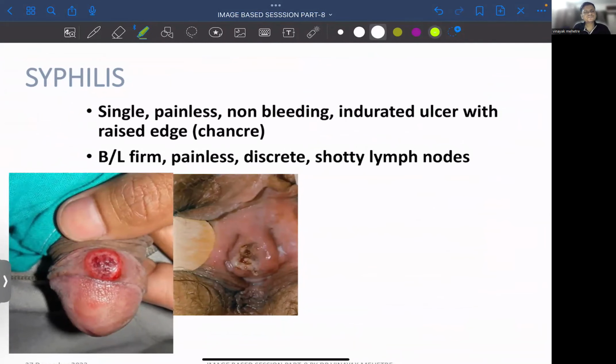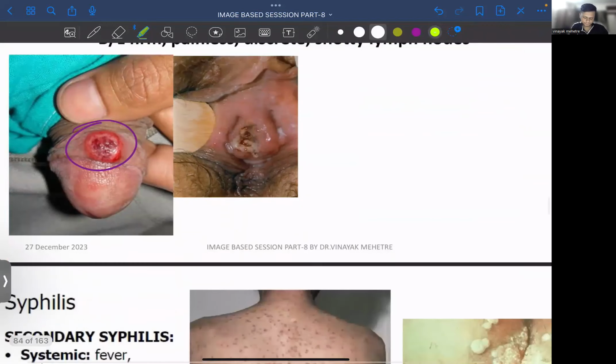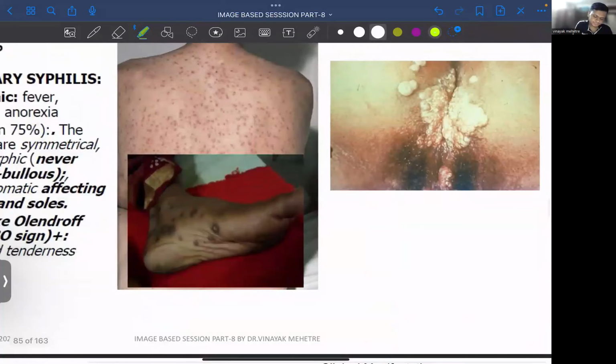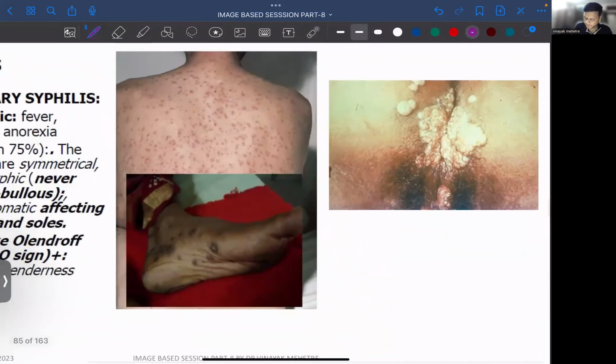What is this? Painless, right? ऊपर लिखा हुआ था painless. Chancre, a single lesion present on the genital is called as chancre. क्या है यहाँ पर? Painless है. Answer will be syphilis, right? Answer will be syphilis. This is called as condyloma.